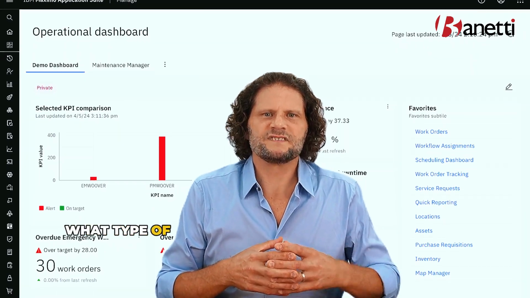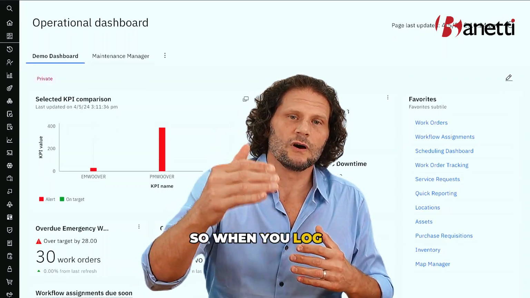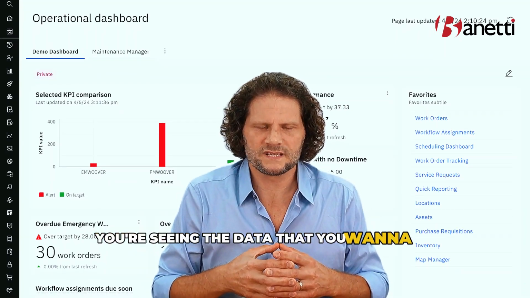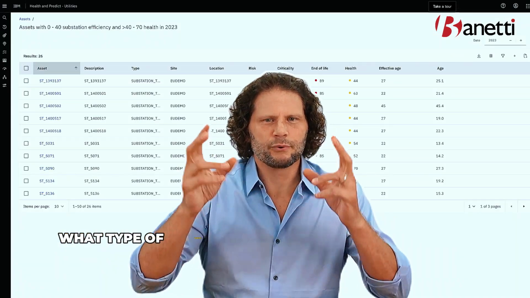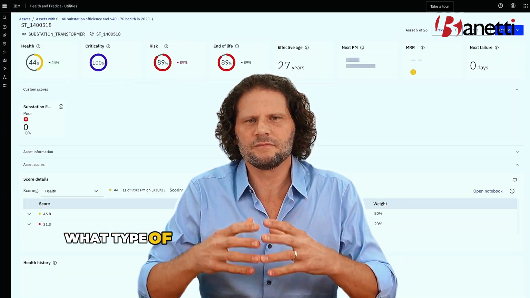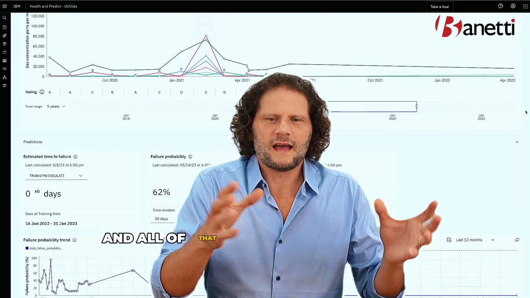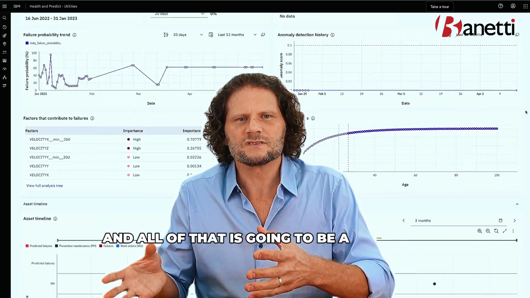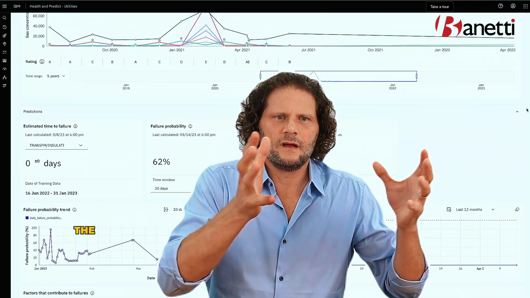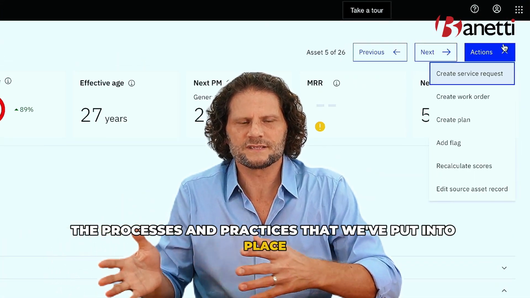What type of saved queries do we need to have in place so when you log in, you're seeing the data that you want to see? What type of printed reports do we need? And then what type of more analytical reports do we need? And all of that is going to be a result of the processes and practices that we've put into place.